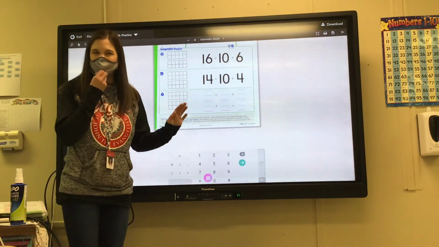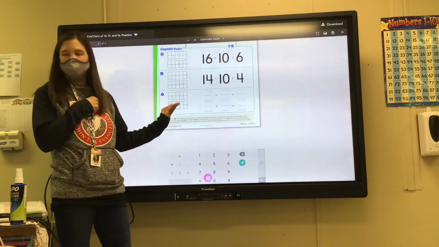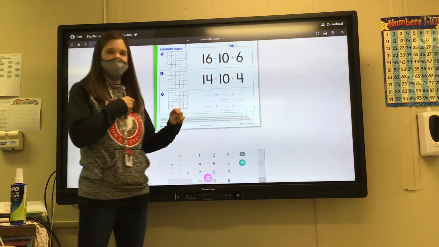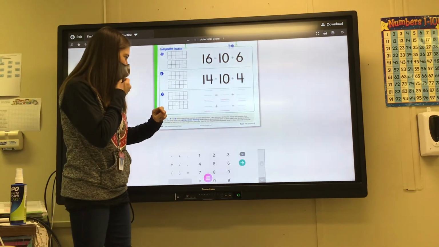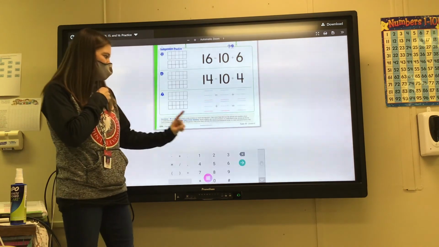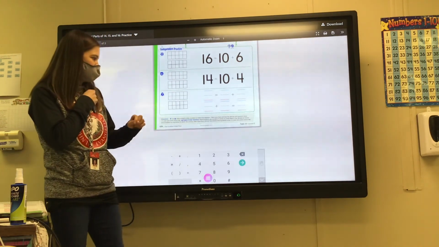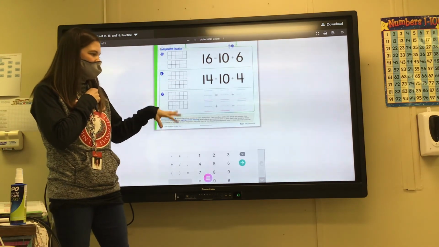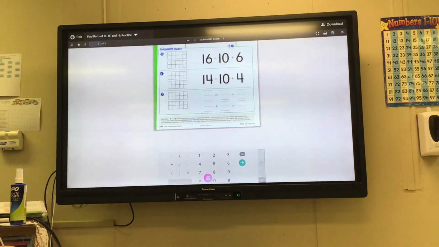Now look where the equal sign is and the plus sign is. So if it's 16, 16 equals what plus what? And then you're going to make another equation that says what plus what equals 16. So there's 10 ones and some more ones. Think about that when you're writing your equations. Look where the equal and the plus sign are.